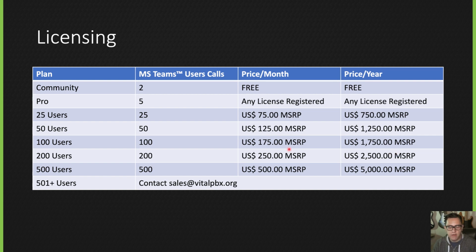Once again, choose one or the other. And then you can have 500 users, which would be $500 US dollars per month, or $5,000 per year. And if you want to have more than 500, 501 and over, you can always contact us and we will be able to license that.